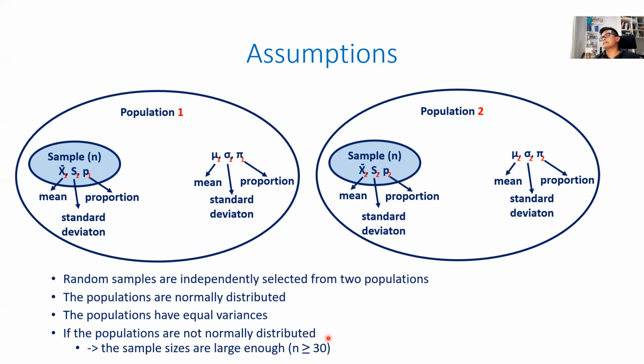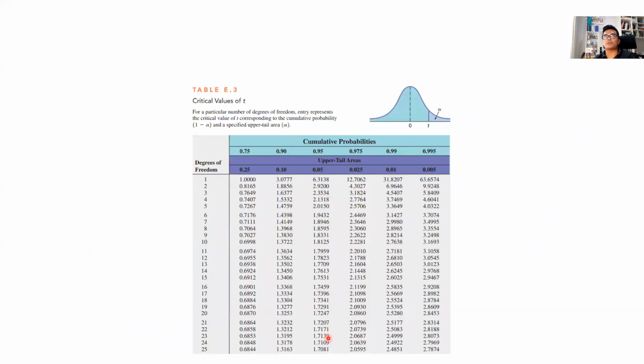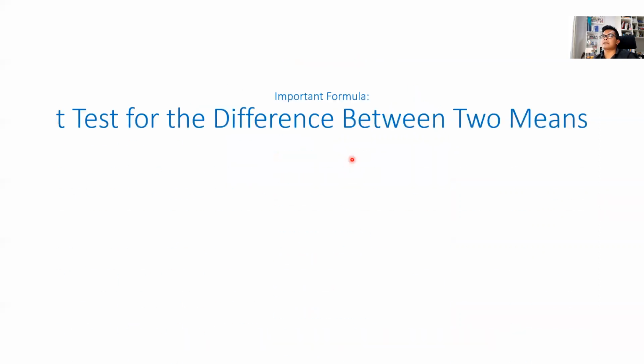There are two instruments that are important in conducting this t-test. The first one is, of course, the t-table. This is important for determining the regions of rejection and non-rejection, the critical value, which is determined by the degrees of freedom and the significance level that we pick.